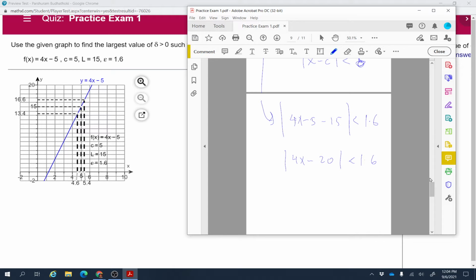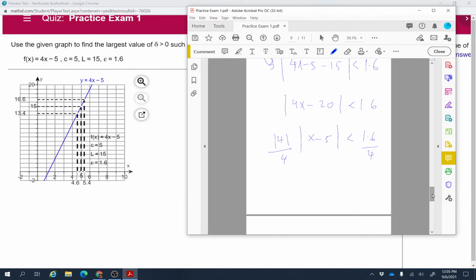If I factor out 4, I get the absolute value of 4 times x minus 5. The absolute value of 4 is itself 4, so I can just divide both sides by 4 and the inequality still holds. By doing that, I get x minus 5 is less than 0.4.